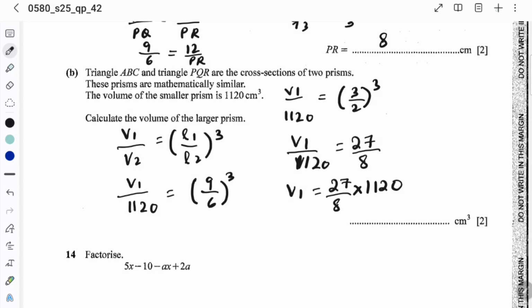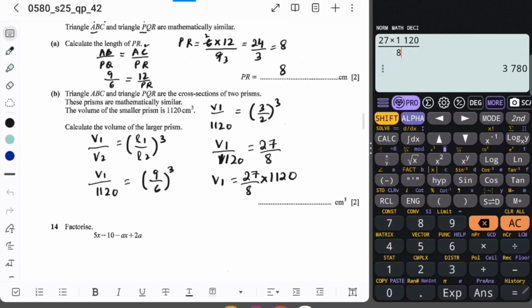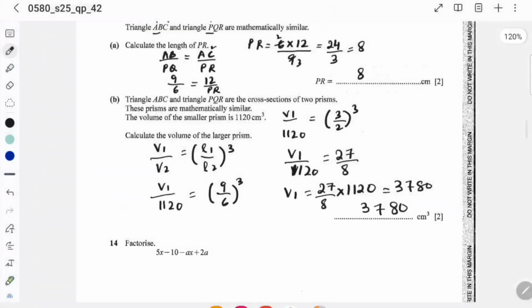Take your calculator and find it. So this is 27 times 1120 and then divided by 8. And your answer is 3780. So 3780 cubic centimeter is the answer for this part.